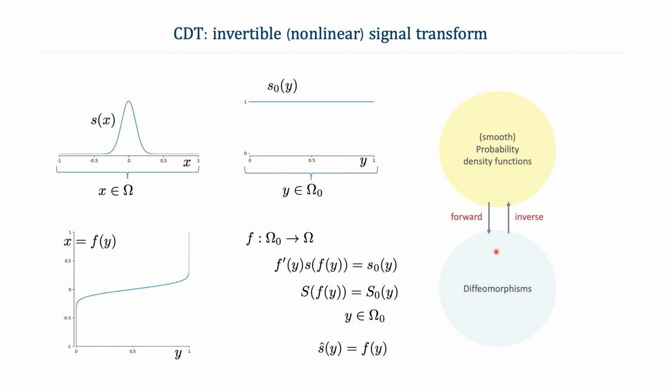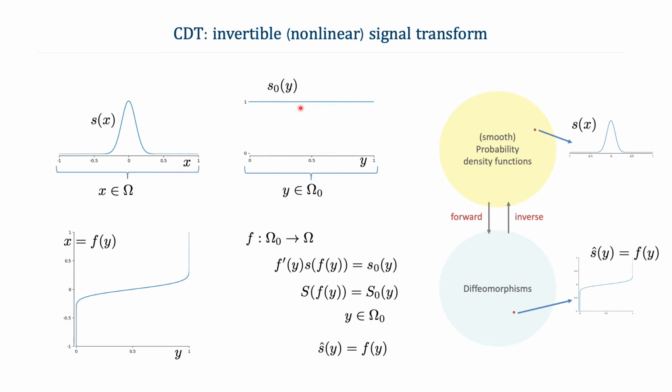And the transform space essentially is the set of diffeomorphisms that relate any function from this domain, which is the domain of probability density functions, to the domain of diffeomorphisms, right? Via matching to a chosen fixed reference. Here we fix this reference to be the uniform distribution, although we could have chosen any other positive distribution.